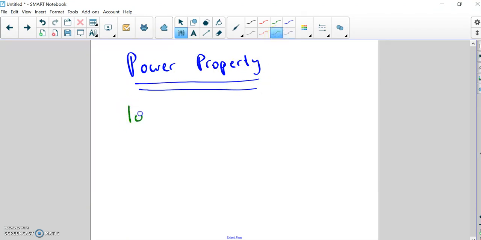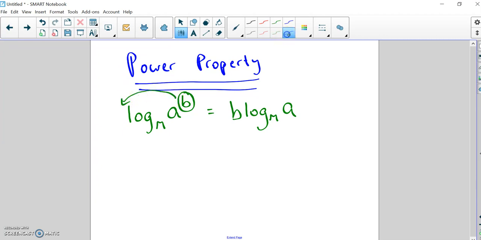So if you have something like log base n of a raised to the b power, what we're allowed to do is take this exponent and put it out on the front as multiplication. Okay, so what this would look like is b times log base n of a. Alright? So this comes out to the front as multiplication.